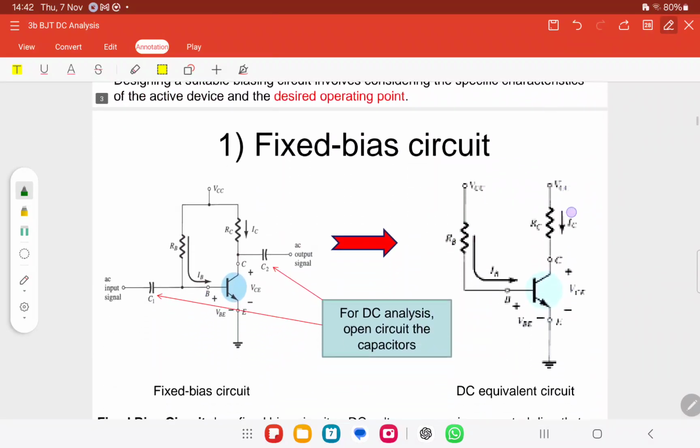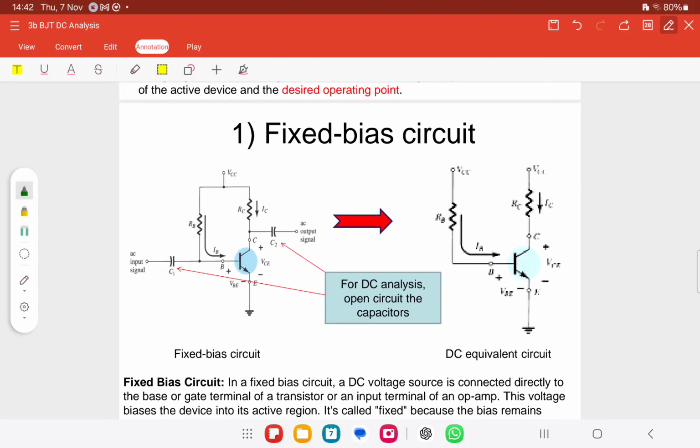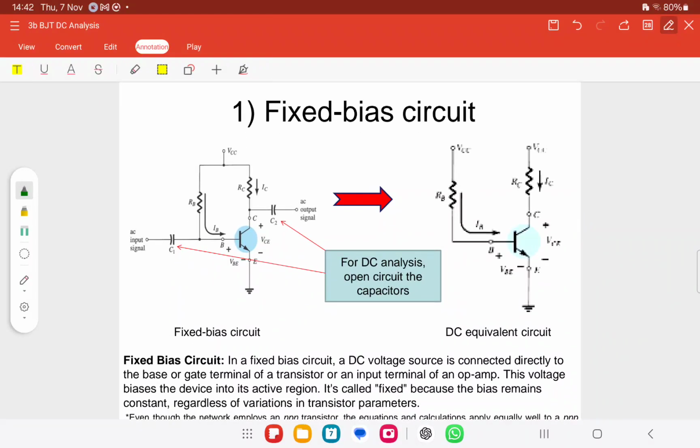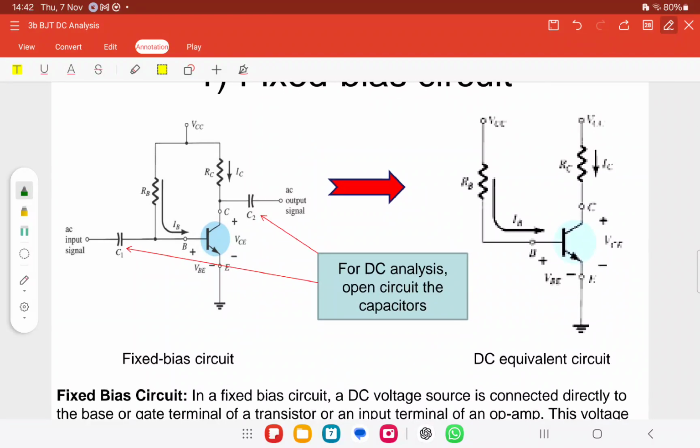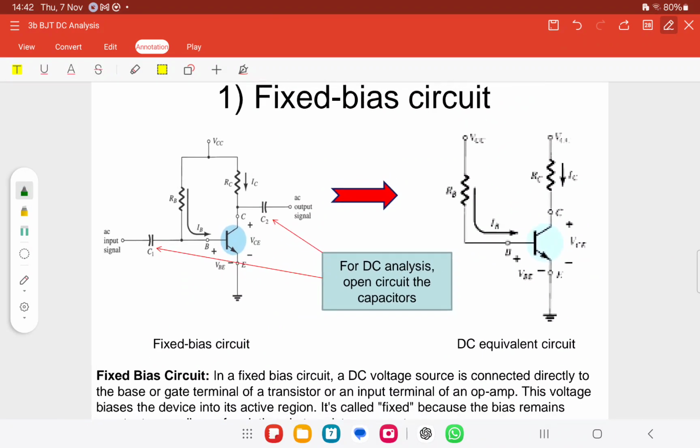Okay, first one we will go to the fixed bias circuit. This is the simplest one. For the fixed bias circuit, it has C1 and C2, and this is the input port, this is the output port.